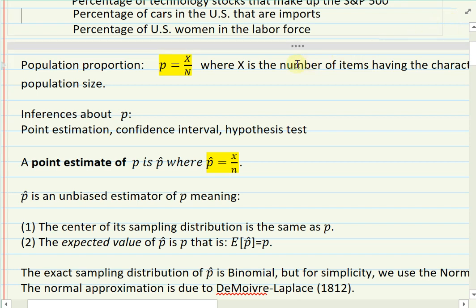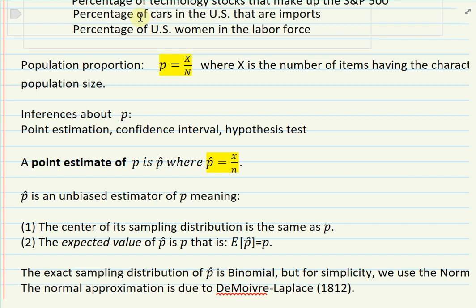It turns out that this P hat is an unbiased estimator of the population proportion or percentage P. So what does that mean? A couple of things it could mean. One, if you look at the sampling distribution, that is the probability distribution of P hat, the center of that distribution is going to be exactly the parameter we're looking for, P. Now these are all theoretical work that we are referring to.